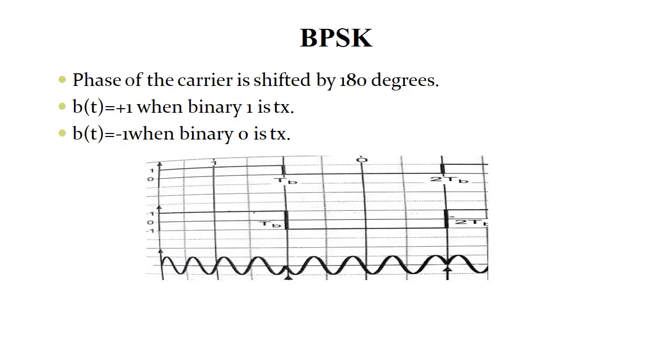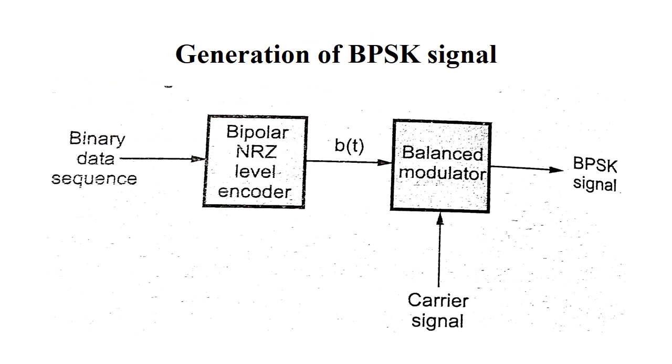So the phase of the carrier is shifted by 180 degrees, and likewise the phase shifting occurs in the amplitude part. This is the generation of the BPSK signal.